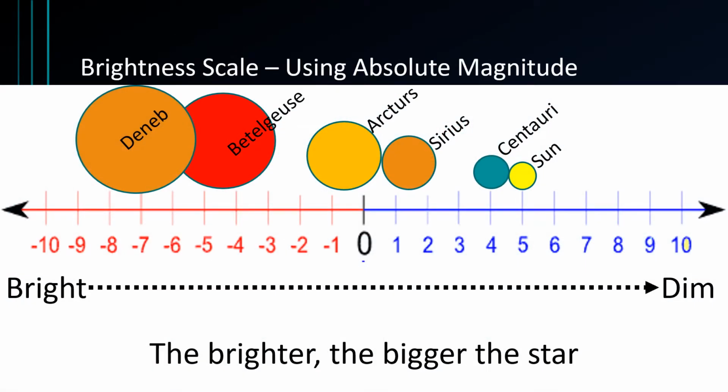And so here's our brightness scale utilizing absolute magnitude. The bigger the star, and so we have the Neb and Betelgeuse, Arcturus, and Sirius, and the sun right there. So typically the brighter the star, the bigger that star is going to be.